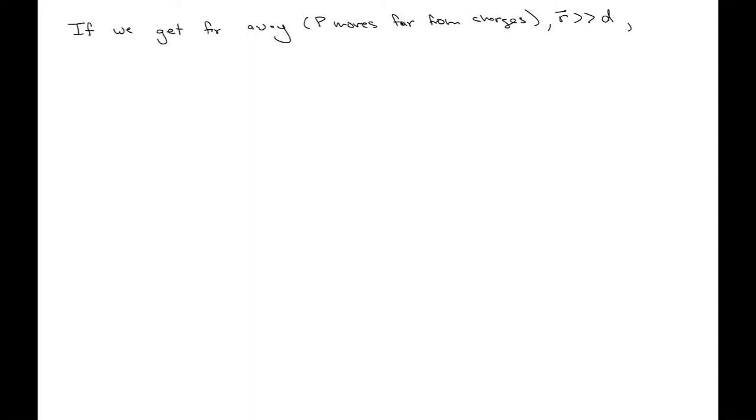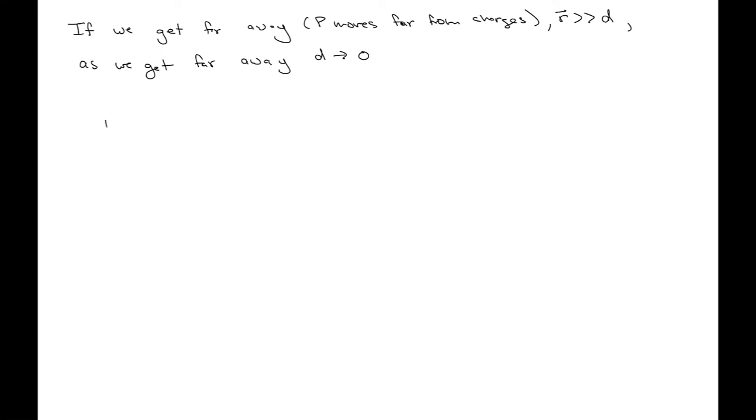Or you can think as we get far away, the actual separation of those two charges is going to go to 0. Those are just different ways, but basically we're trying to get really far away. The charges are going to look like they're close together.